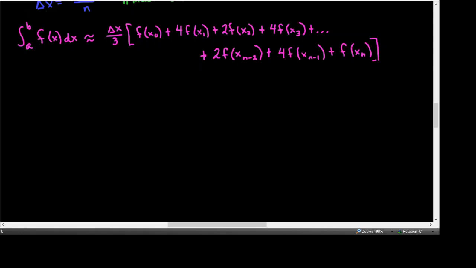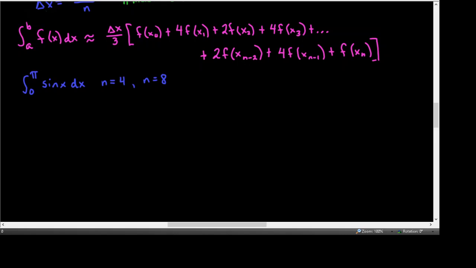Okay, so let's do the same problem, the integral of sine x from 0 to pi, a value for which we already know the actual answer is supposed to be 2. And to compare trapezoids to Simpson's Rule, we're going to do the exact same problem with n equals 4 and n equals 8, so that we can compare how well those did compared to each other.